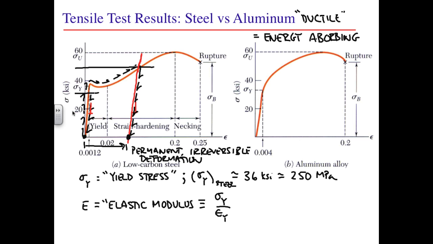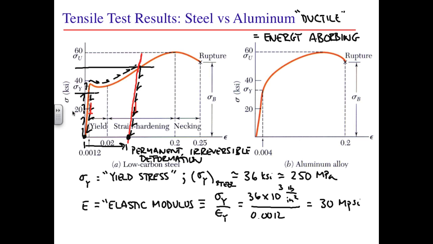For the steel, based on the numbers that we can see on the left part of the figure, this would be 36 times 10 to the third pounds per square inch over a strain at yield of 0.0012, and that number turns out to be about 30 million, or mega, pounds per square inch.